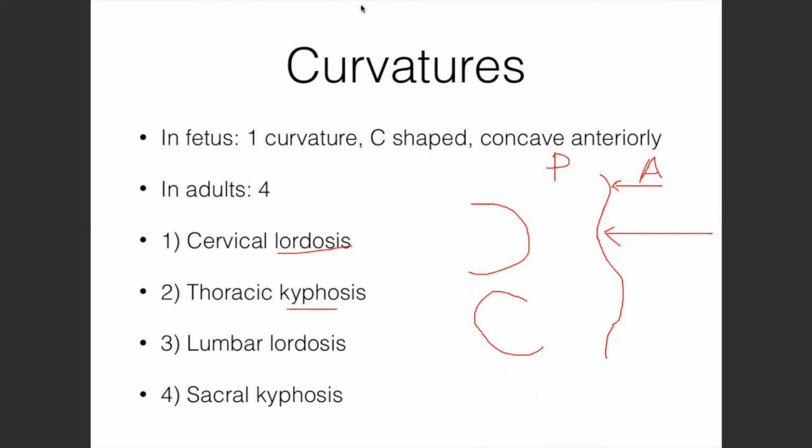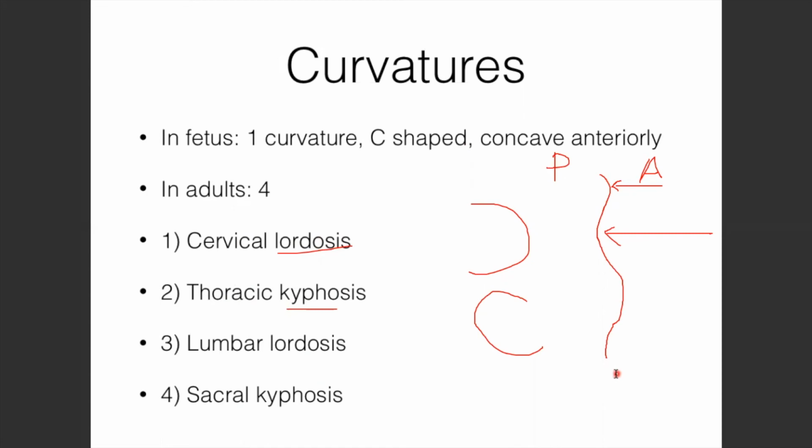So عندنا قلنا إن adults 4 curvatures: cervical lordosis, so cervical region هيكون في lordosis، thoracic kyphosis, so في thoracic area بيكون في kyphosis، lumbar lordosis، sacral kyphosis.